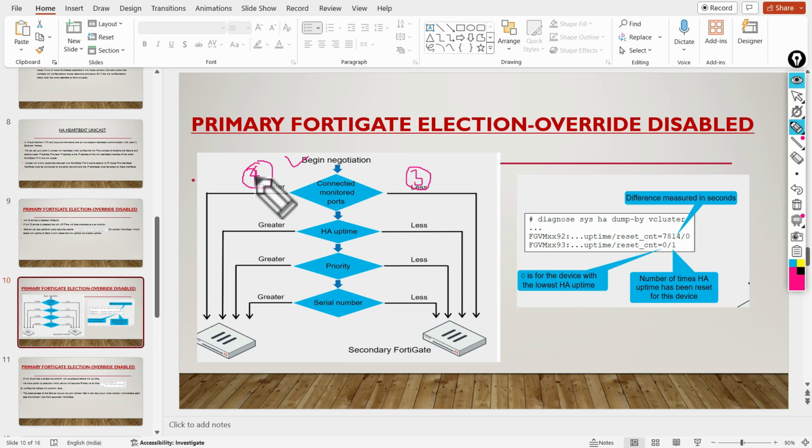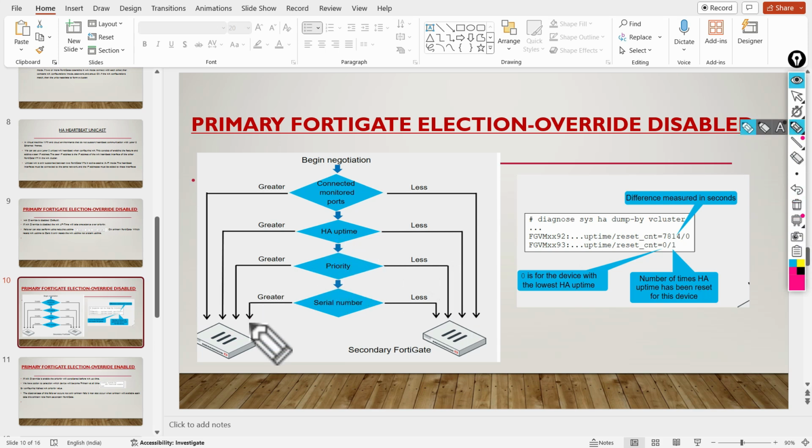Let's say both have 3 active monitored interfaces. Then they will check the HA uptime, to see who has the higher uptime on both sides of the FortiGate. In this case, if the primary FortiGate has the higher uptime, then it will become the primary, and if the other FortiGate has the higher uptime, then that FortiGate will become the secondary.